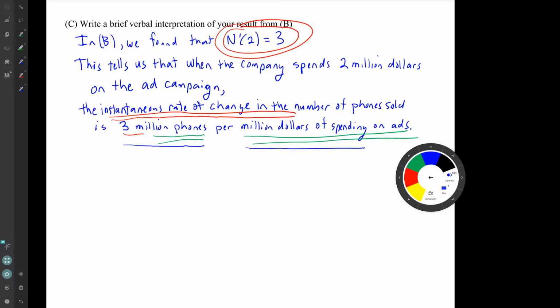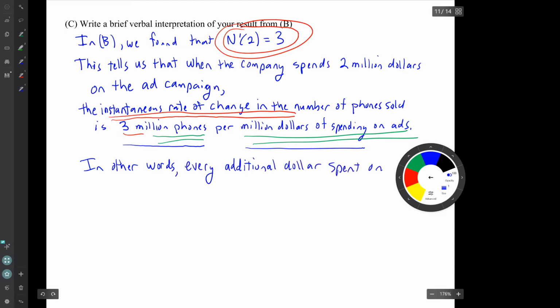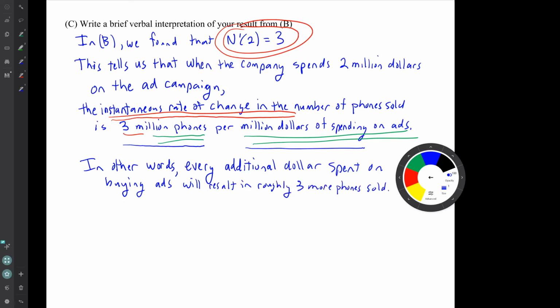So in other words, we roughly sell 3 more phones for every dollar of additional spending on ads. In other words, every additional dollar spent on buying ads will result in roughly 3 more phones sold.